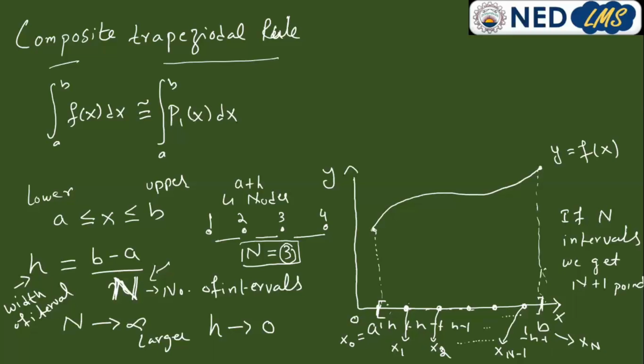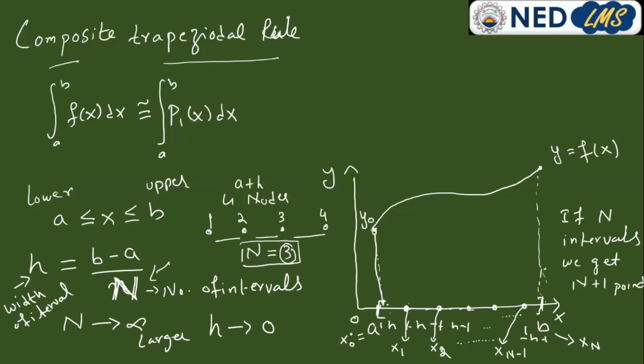Okay, so how will we handle this? The first point is x naught, the other point is x1, and so on. It is just like something we discussed in difference equations as well. But these are the x values, not y. Similarly, if this is x naught, then I will get a y value as well, and this y value is called y naught. How will I obtain this y value, this height?